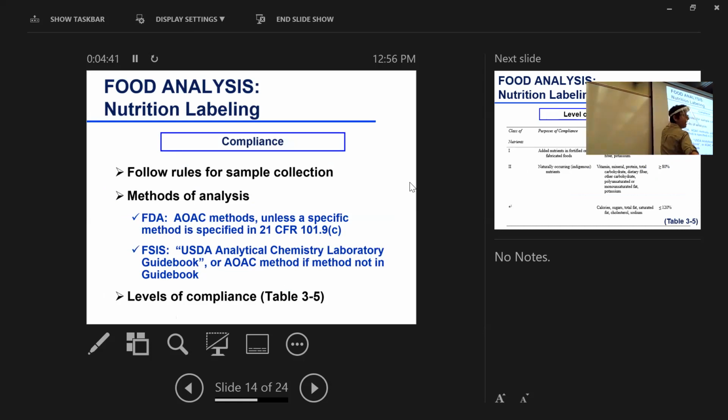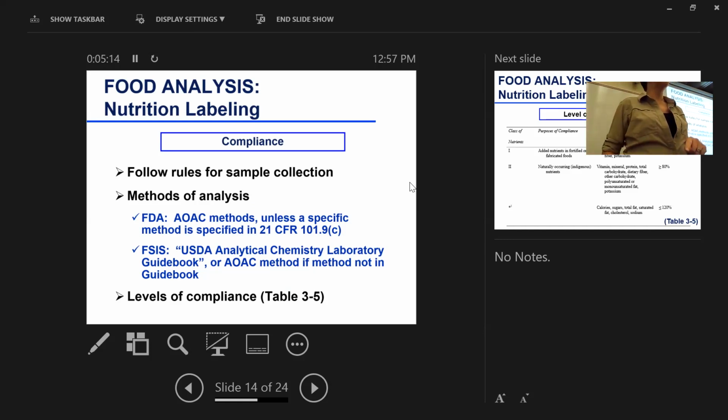Method of analysis, official method of analysis: specifically, FDA requires AOAC methods unless a specific method is specified in the Code of Federal Regulations. FSIS uses the USDA Analytical Chemistry Laboratory Guidebook, or if not that, AOAC methods are also accepted.